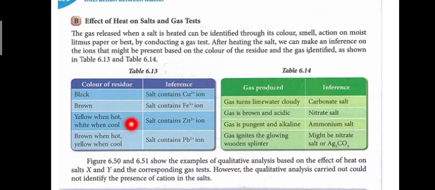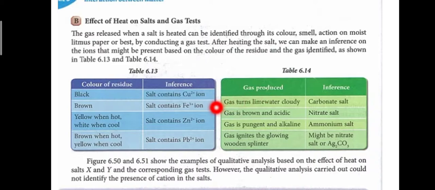If the residue is yellow when hot and white when cool, the salt contains zinc 2 plus ion. When the residue is brown when hot and yellow when cool, the salt contains lead 2 plus ion.